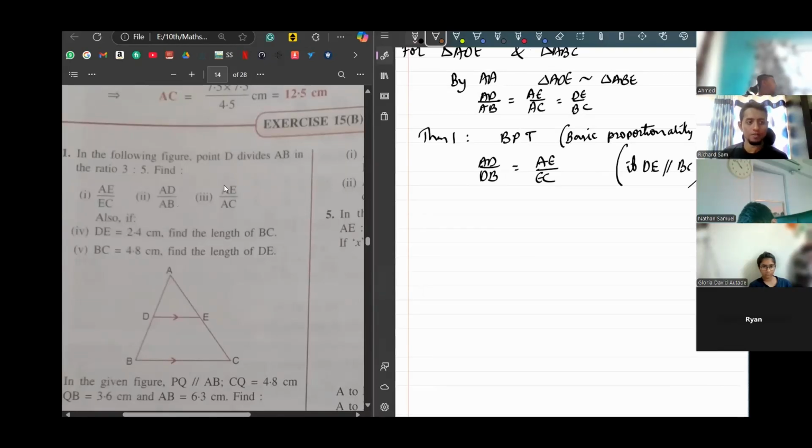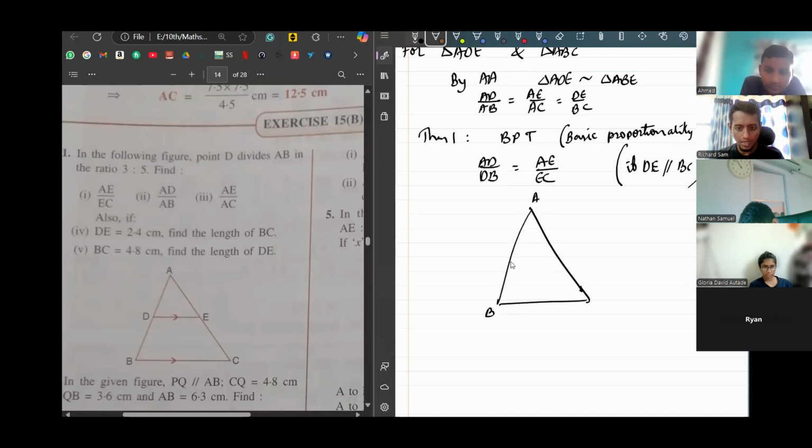Okay, look at this question in 15b, question 1. In the following figure, point D divides AB in the ratio 3:5. Okay, this is your triangle.